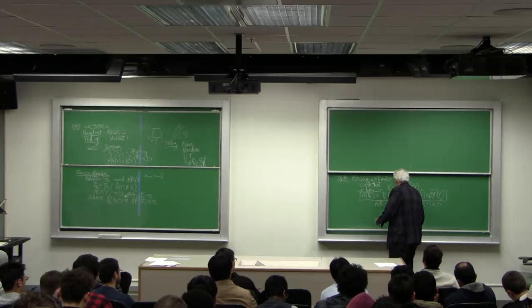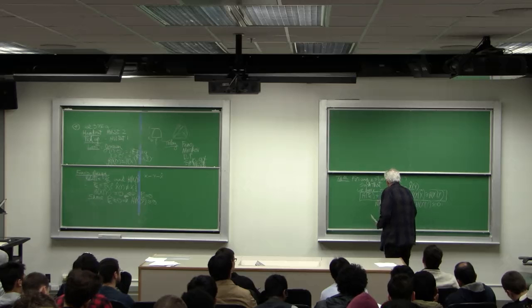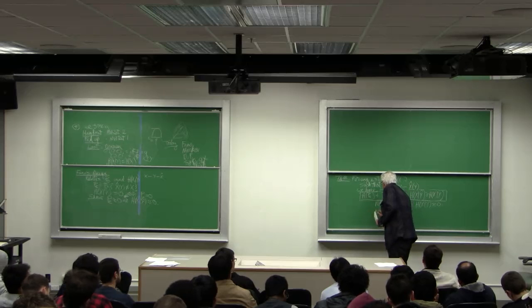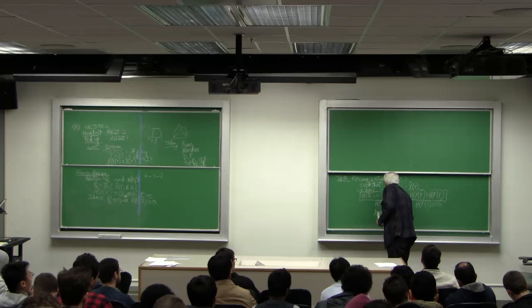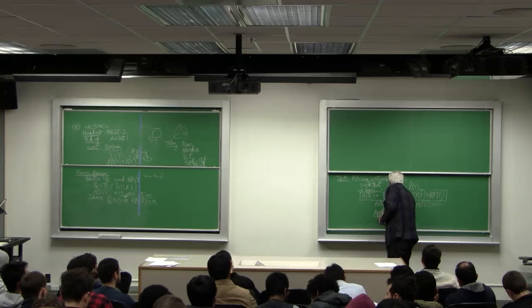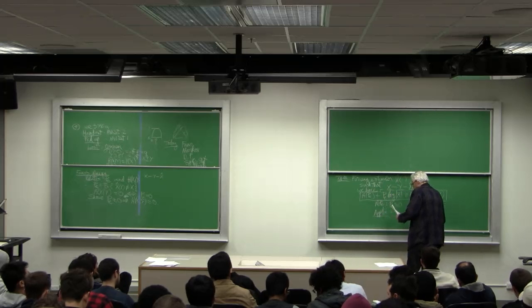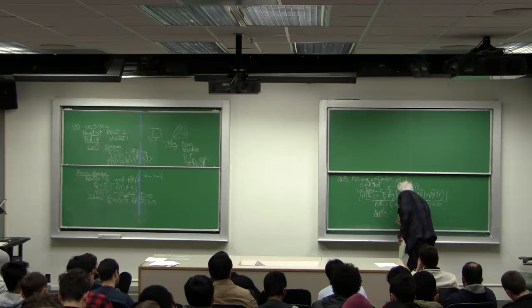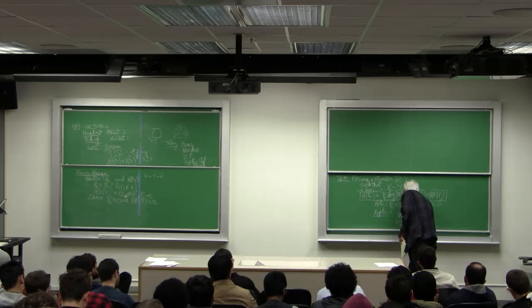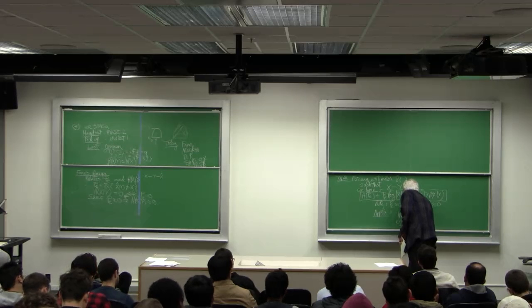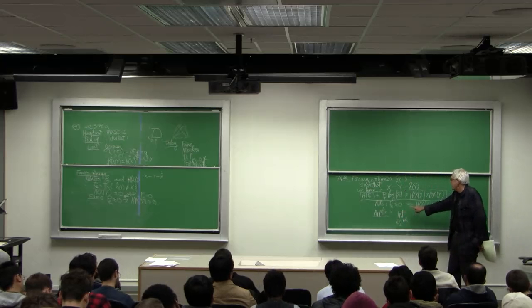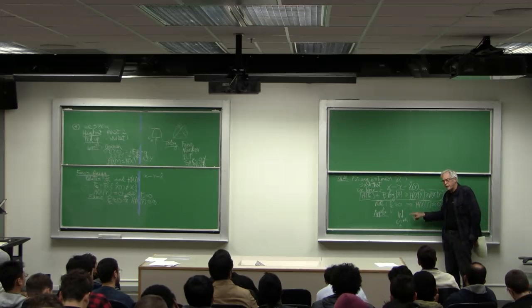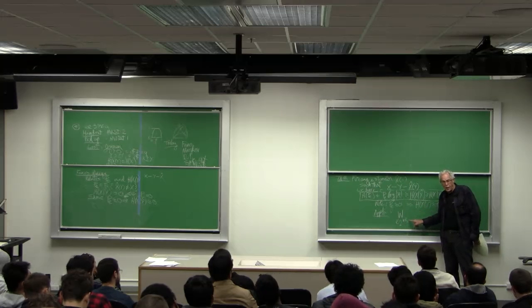So the application that I alluded to before is the following. If I have some index in the set 2 to the nR, what do I mean? That's an integer 1, 2, 3, up through 2 to the nR.